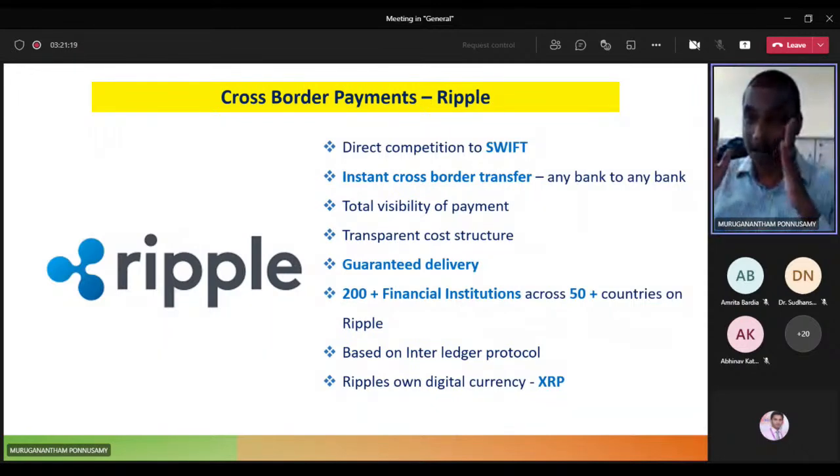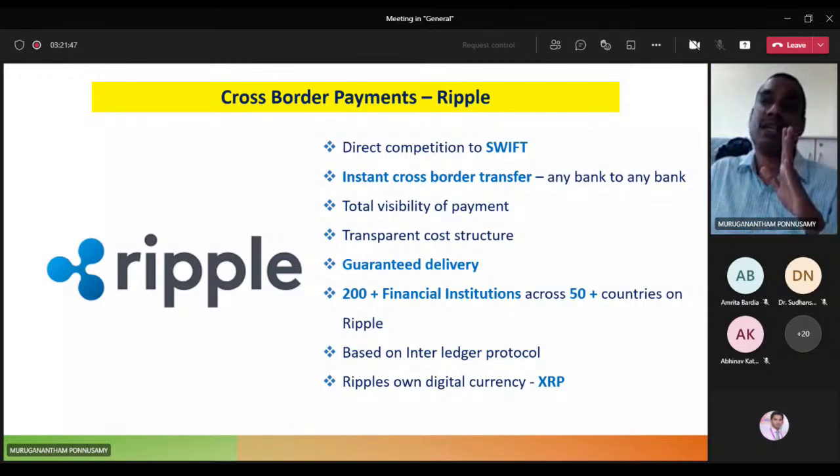This Ripple cross-border payment technology has been adopted by almost 250 financial institutions in over 50 countries, including the international payment giant MoneyGram, which you might have heard of or used at least once in your lifetime. However, many banks and partners have announced long-term plans to switch to this new technology.